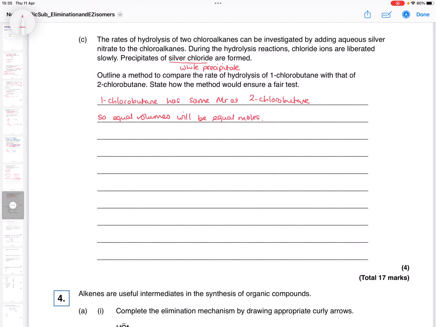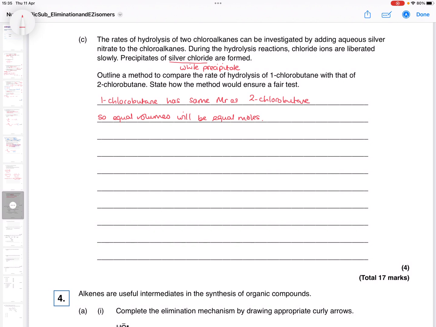So if you are comparing two different halogenoalkanes that have, for example, different halogens, like 1 chlorobutane with 1 bromobutane, then equal volumes would not equal the same number of moles because the substances would have different densities.